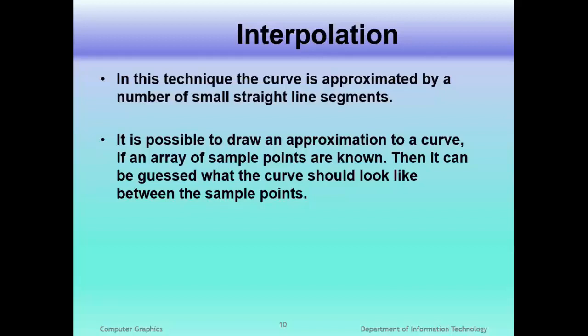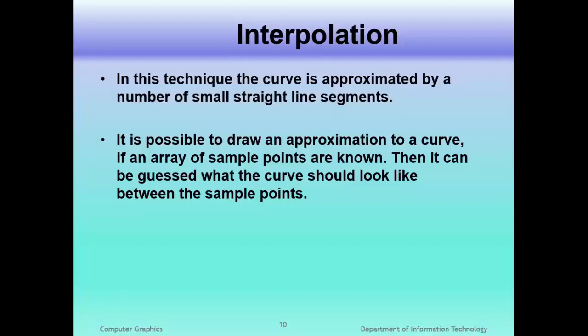The aim of Lagrange interpolation is to generate a smooth curve which passes through an ordered set of points. Generally, this set of points is called the control points. In this technique, the curve is approximated by a number of small straight line segments.